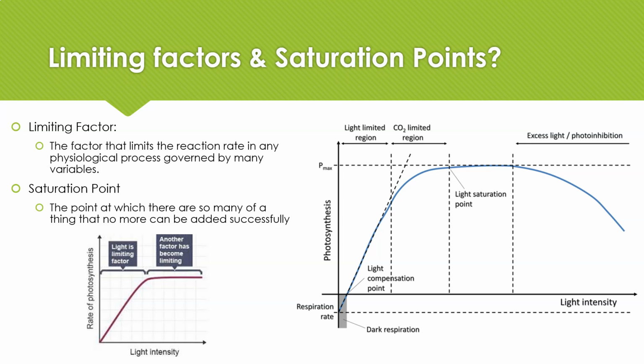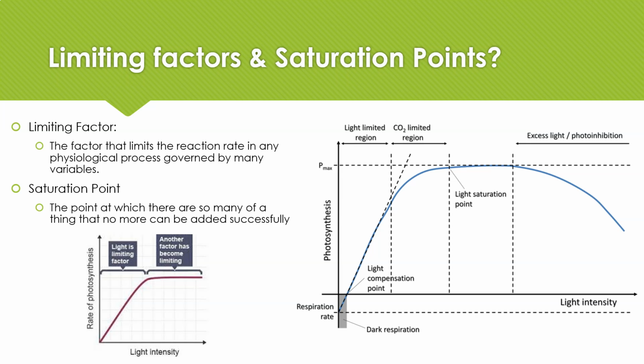And you can see initially that, because we're looking at rate of photosynthesis on the y-axis and light intensity on the x, as light increases, initially, rate of photosynthesis increases. So we could say that light in that region has been limiting. But then there comes a point where it starts to plateau, and they've said that's the carbon dioxide limited region. And that's because the next thing, water's, remember, not likely to be a limiting factor.